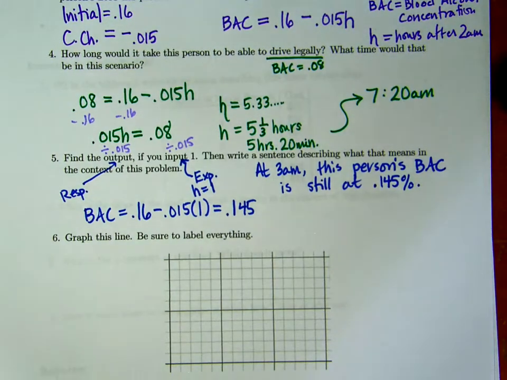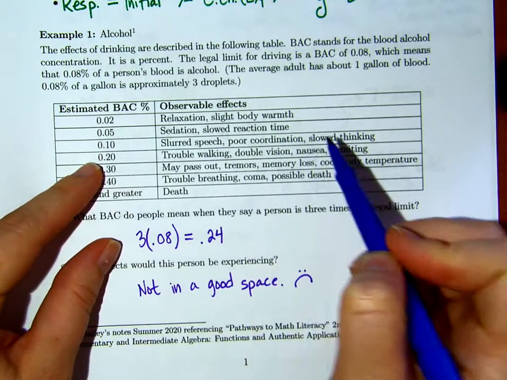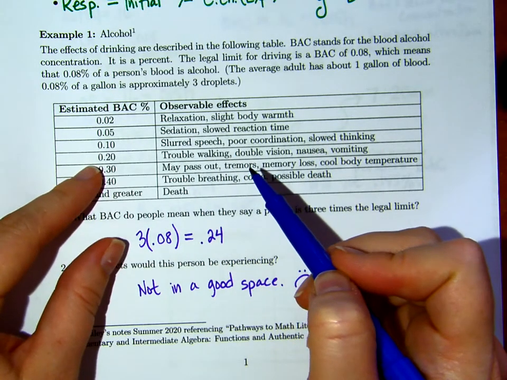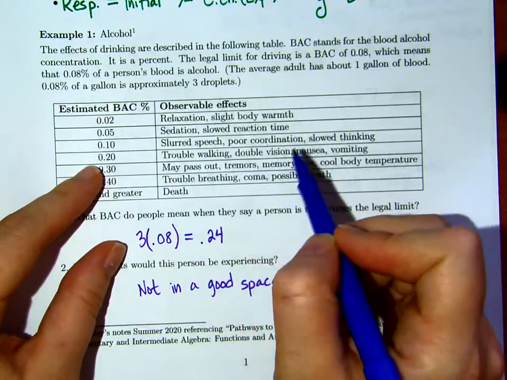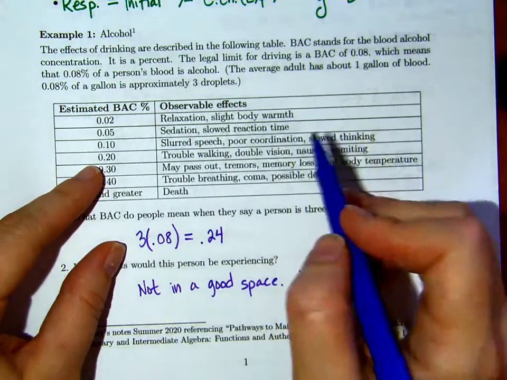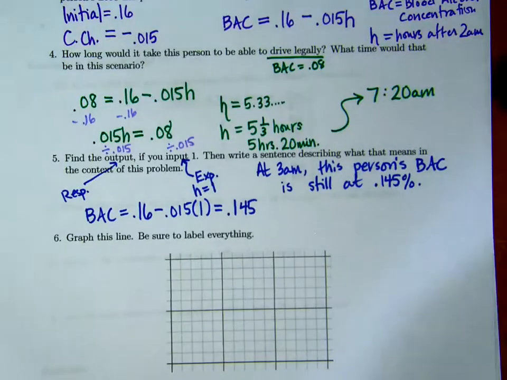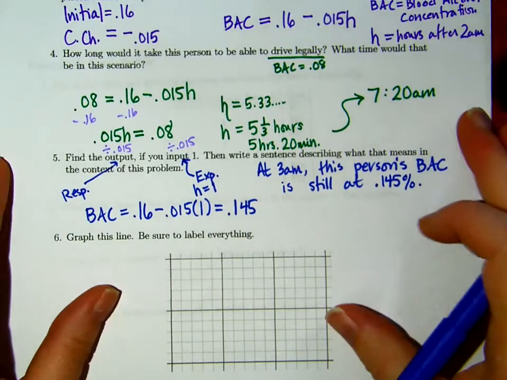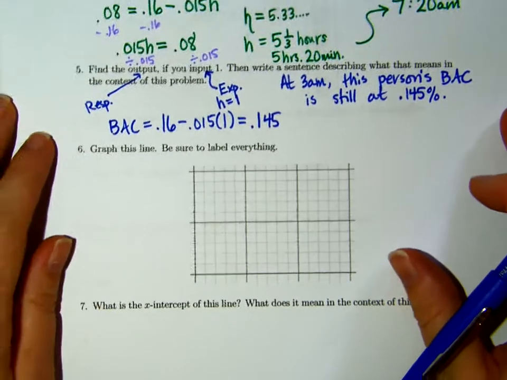Which, back to that chart that came from your textbook, at 0.145 you're still having troubles here. Your poor judgment and slowed thinking are making you make decisions that are not that great. So even after an hour, yep, not ready to drive.